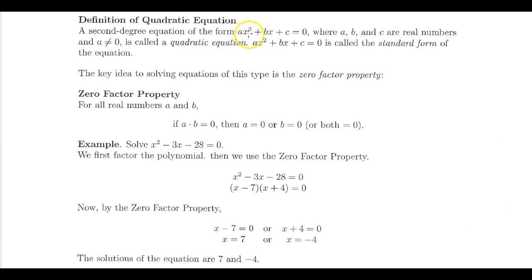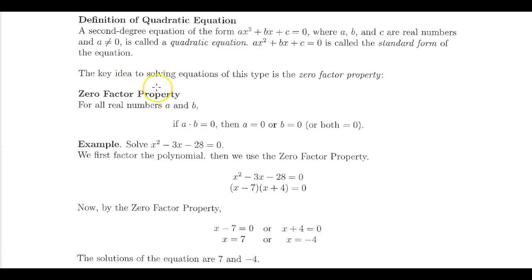If it is, the x squared term would be gone, and we would have a linear equation. But if we have an x squared term, it's called a quadratic. If it's in the form ax squared plus bx plus c equal to 0, it's the standard form of the quadratic equation. We always want to start off with the equation in standard form and work with it from there.